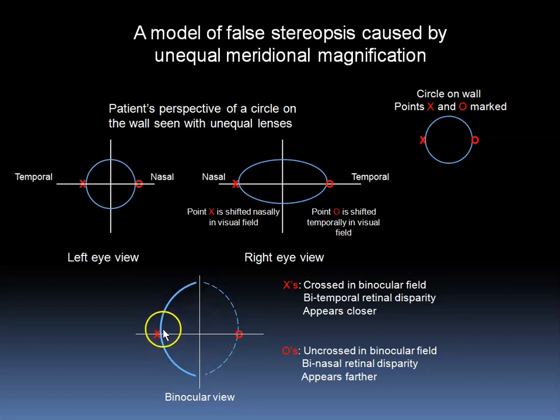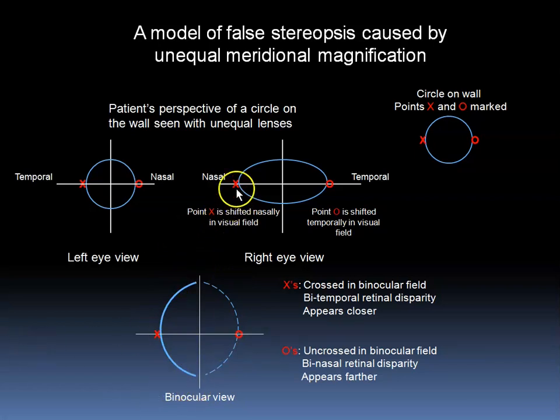In other words, the point X is on the part of the circle seen as closer, whereas the point O is on the part of the circle that is seen as farther away. In this way, the unequal meridional magnification here has created false stereopsis of this flat circle on the wall, in that it is seen as a circle that is rotated around this axis shown.